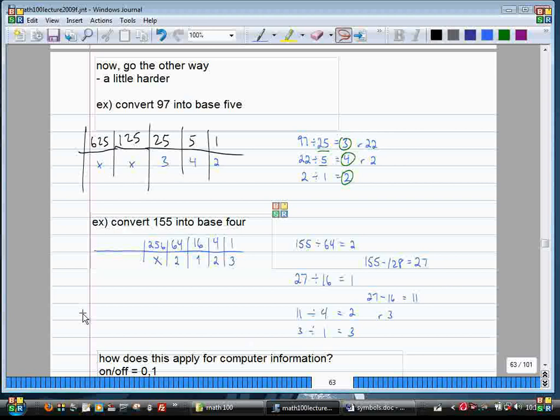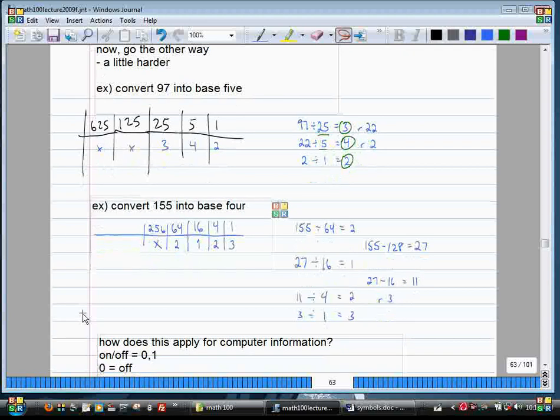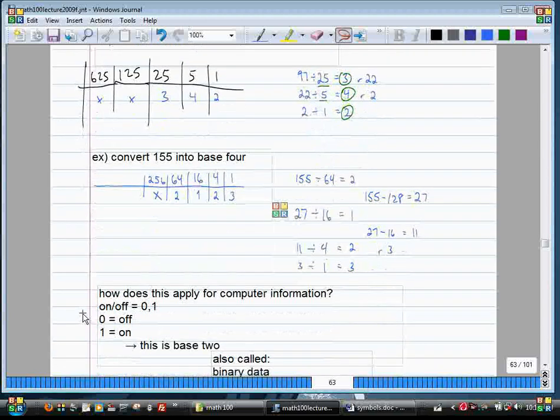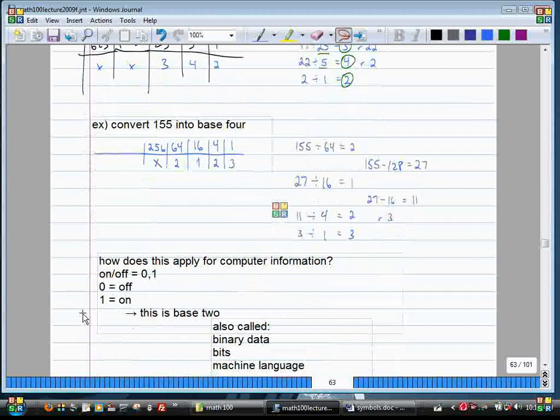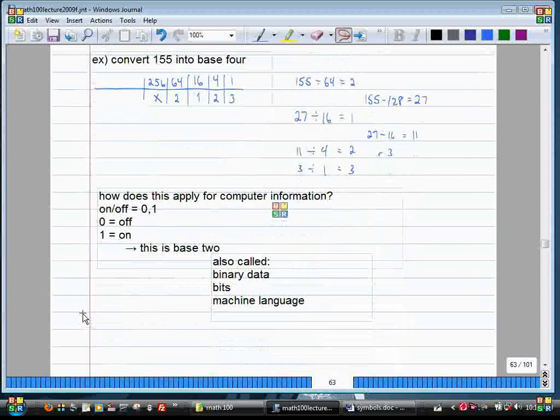And this is called machine language. Other names this goes by: binary data, bits, and machine language. So anytime you hear any of those things, those are just computer people talking about base 2. At least base 2 as computers use it.